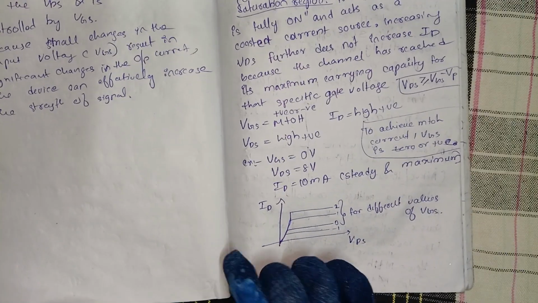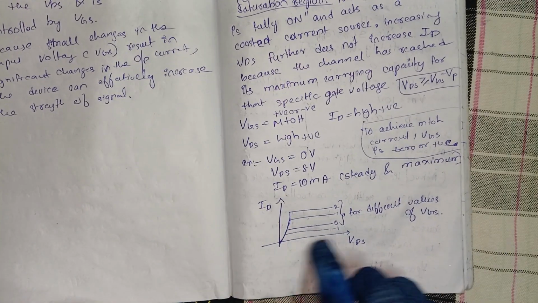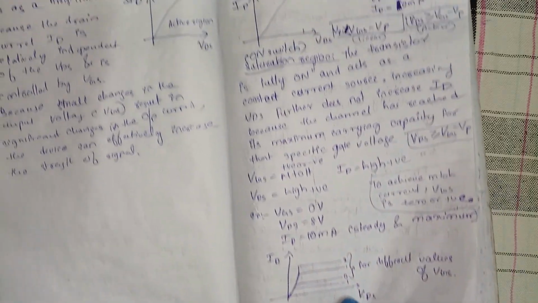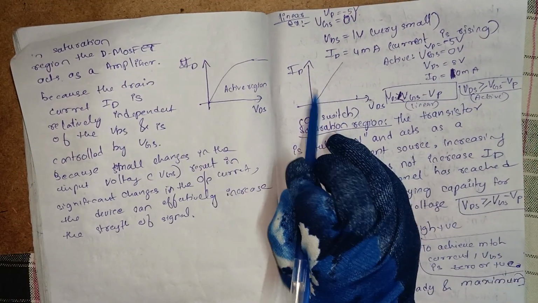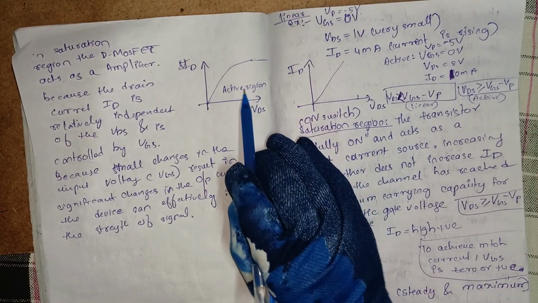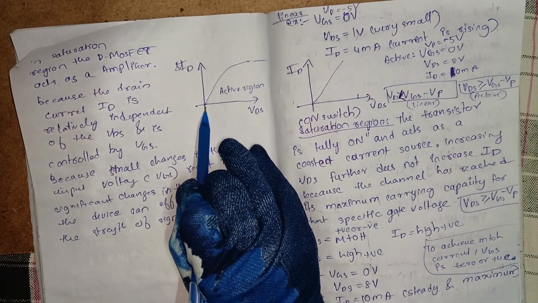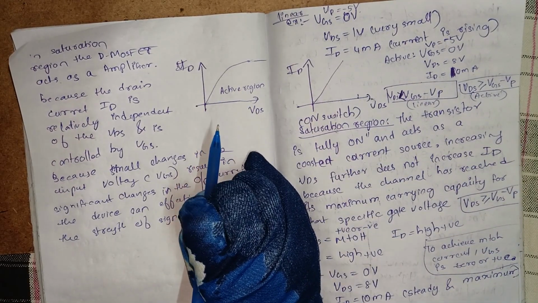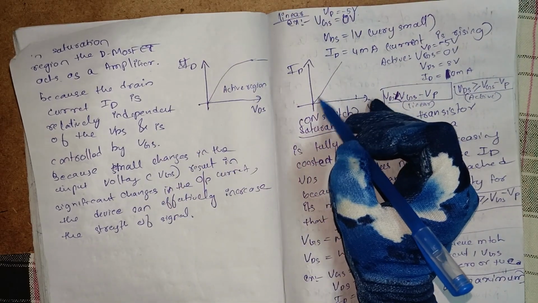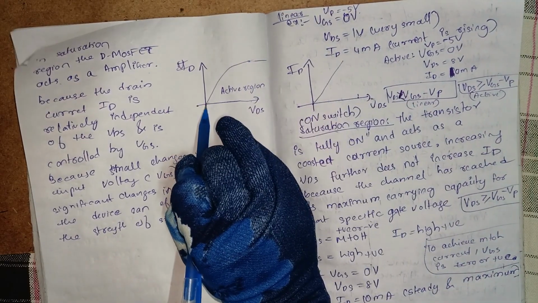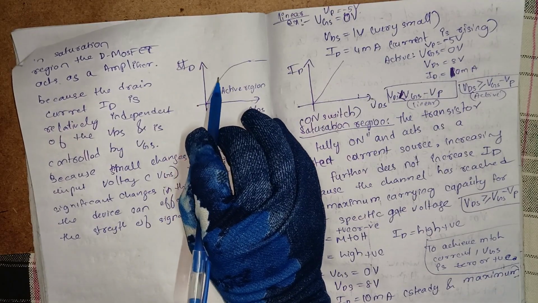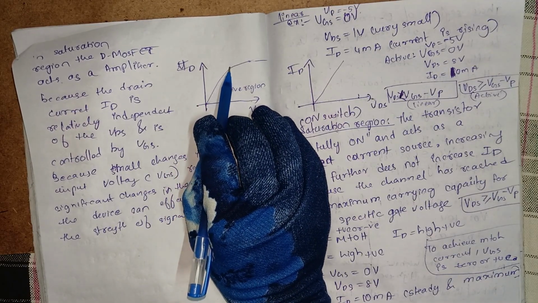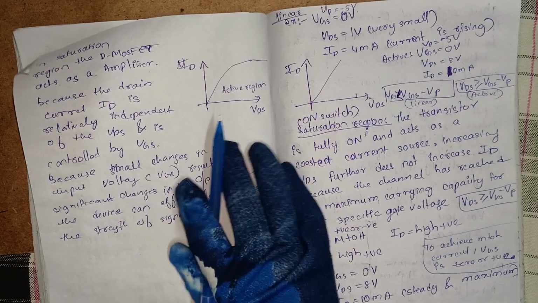Okay, then this is the graph between them. This is the linear graph and this is the active graph. Here the current increases linearly with the voltage, and here the current increases and then becomes constant.